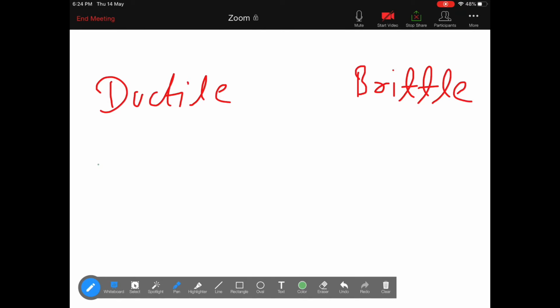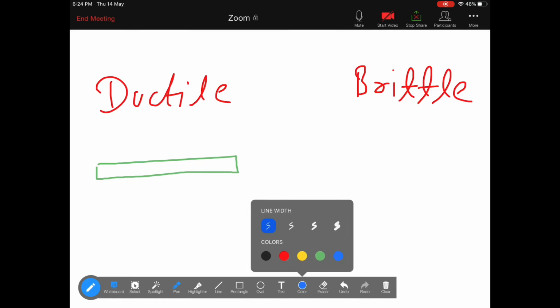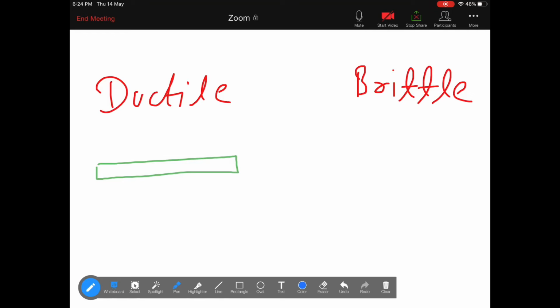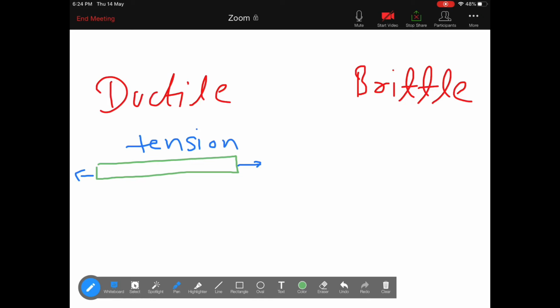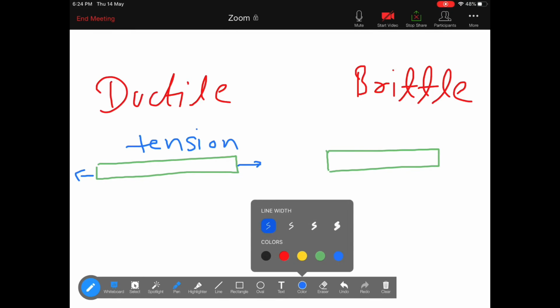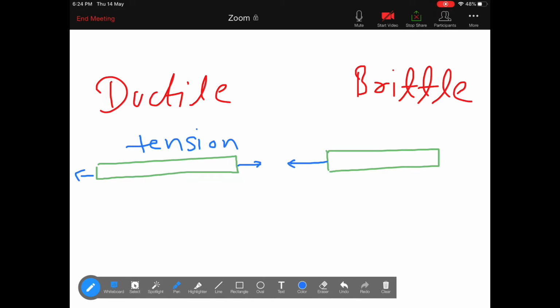First one is a metal rod, like a steel rod, and we consider a tension force in this rod. Second one is a chalk, and we also consider tension in the chalk.